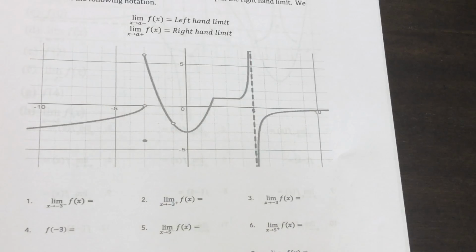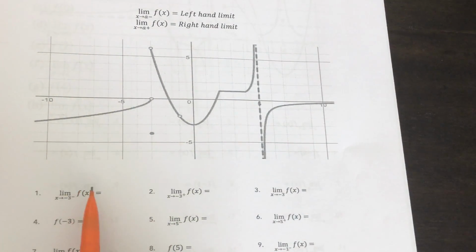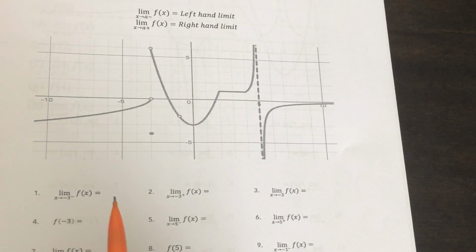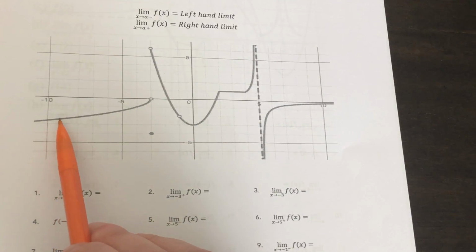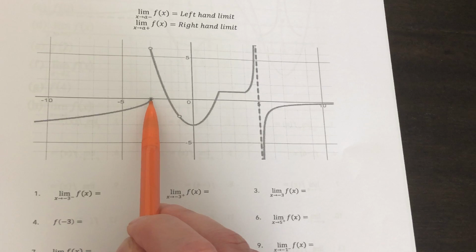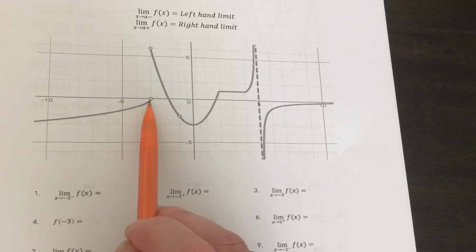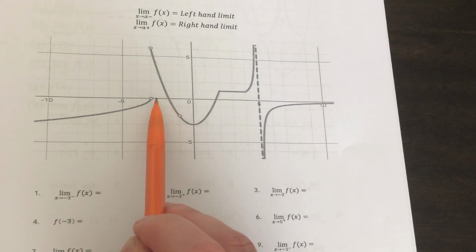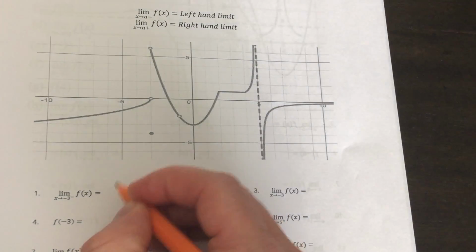Number one, it says we're going to evaluate the limit as x approaches -3 from the negative side, from the left-hand side. So I'm going to come along the curve to x equal to -3, and I'm going to look at what the y value is. Even if it's a hole, a limit can have a hole. So it looks like it has a y value of 0.